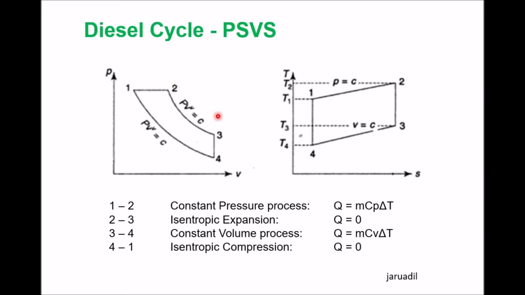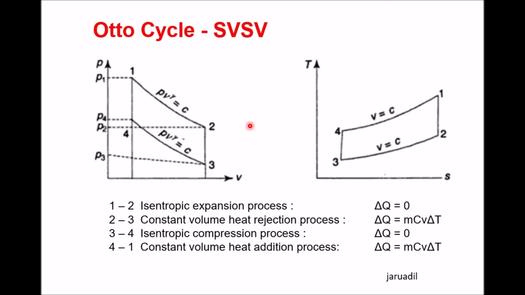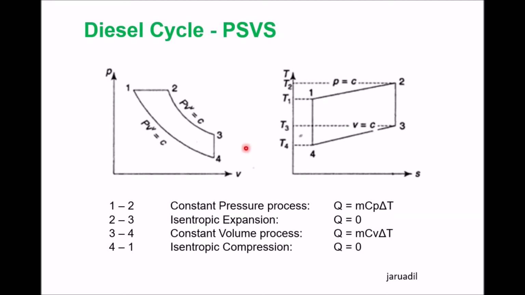So let us discuss now the diesel cycle, since I have already discussed the Otto cycle in a separate video. The diesel cycle has these processes. Point 1 to 2 is a constant pressure process.